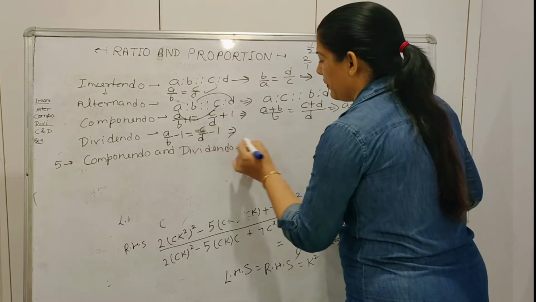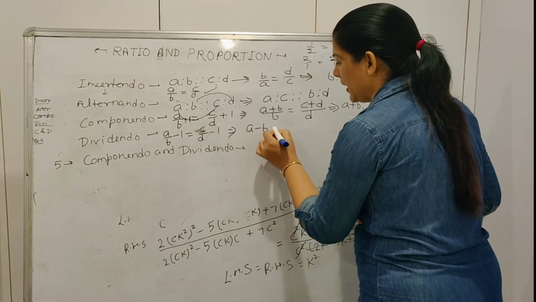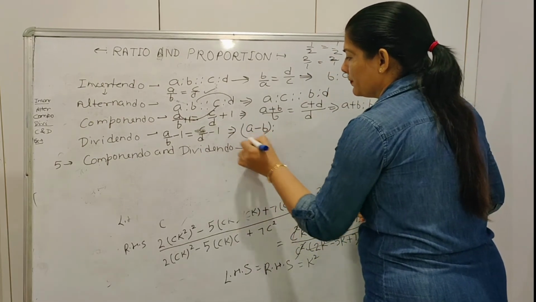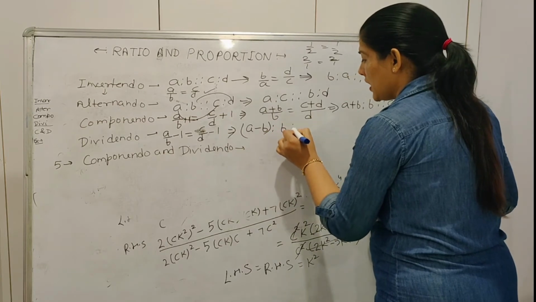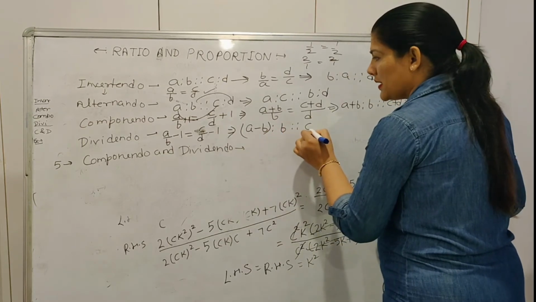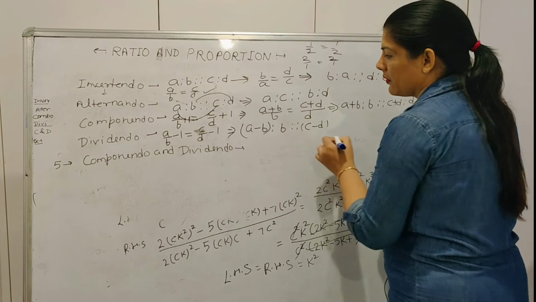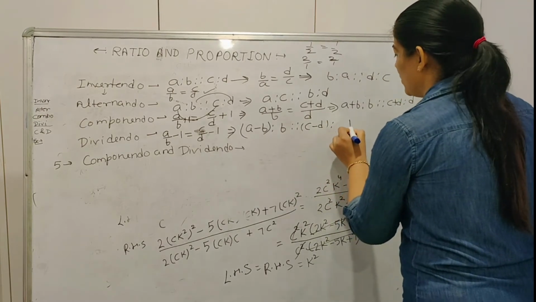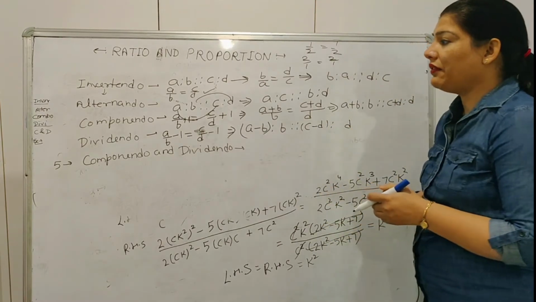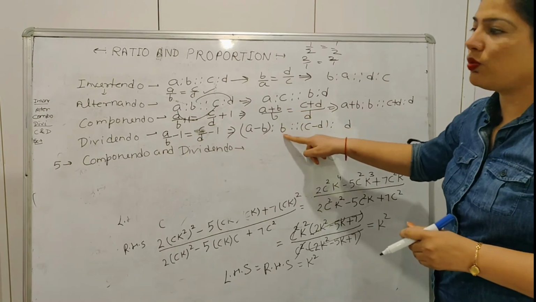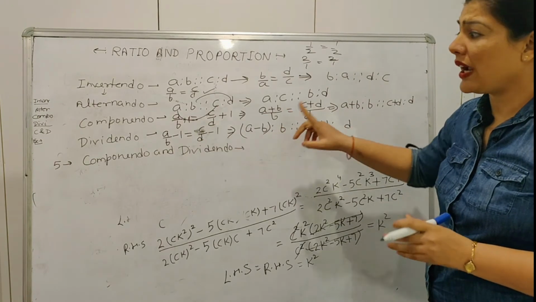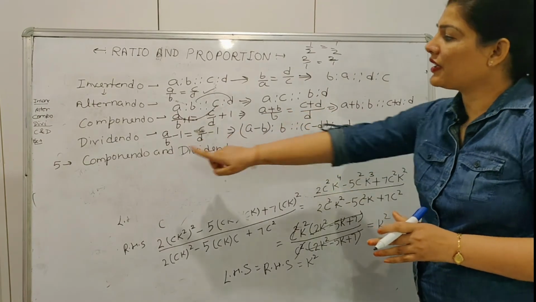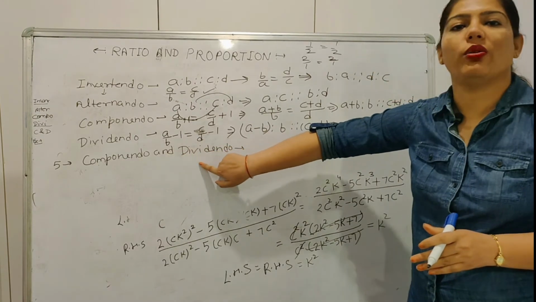So what we have here, A minus B is to B is proportional to C minus D is to D. And if we apply these two at once, then it is known as componendo and dividendo.